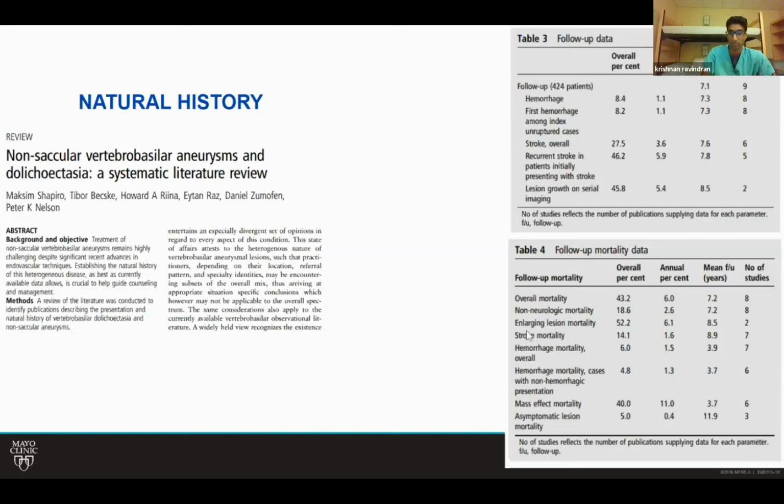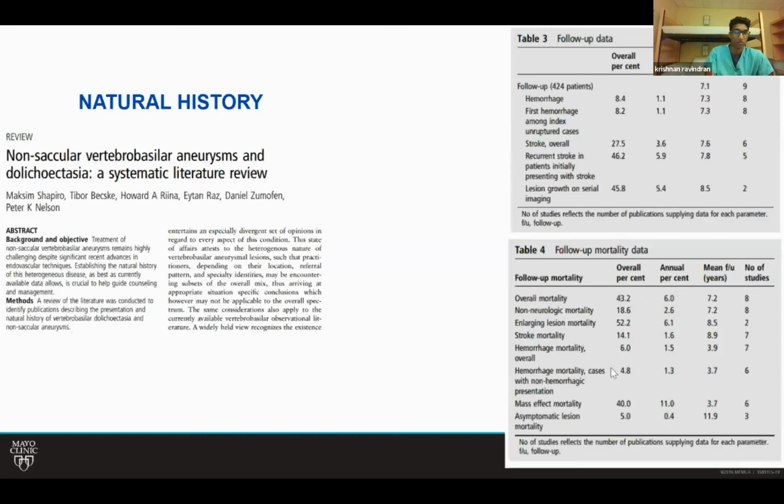You can see from their table 4 in their cohort, this is looking at only the cases of vertebral dolichoectasia, the overall mortality in their systematic review cohort, which comprised, I believe, just under 700 patients from pooled studies, was 43%. The mortality from ischemic stroke was 14%, and the mortality from hemorrhage was 6%.